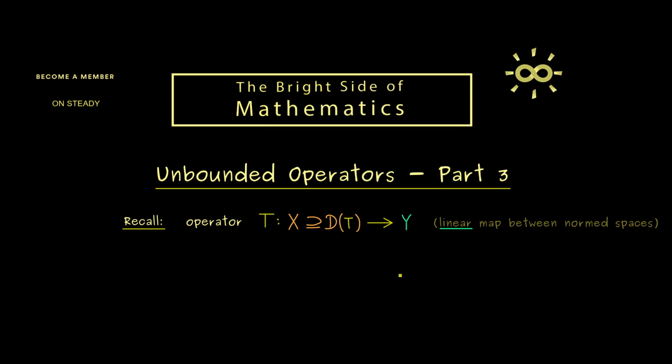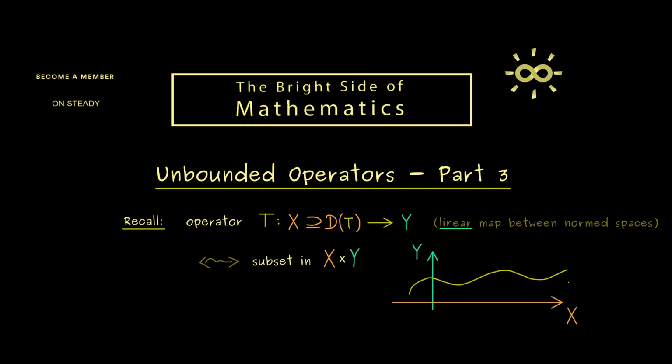Okay, and now since this is a well-defined map, we can identify it with its graph. And this you might know, it's just a special subset in the Cartesian product X times Y. This means we can simply sketch it into a coordinate system. Hence, in general, you would sketch a graph like that.